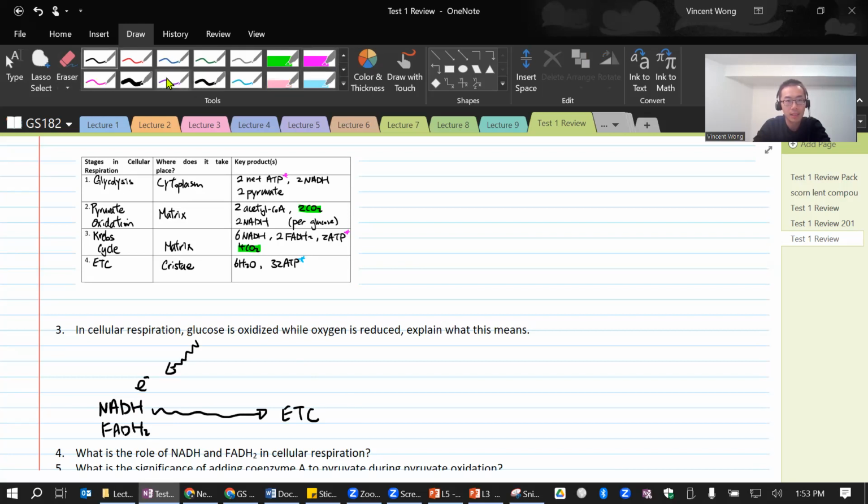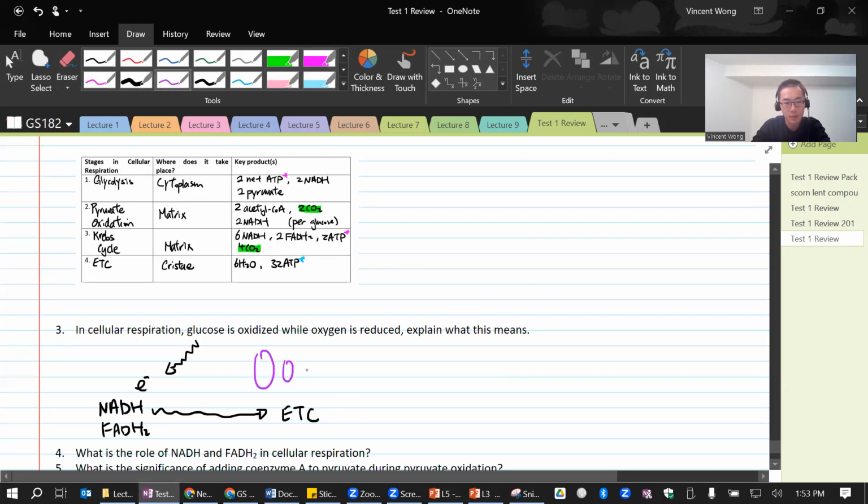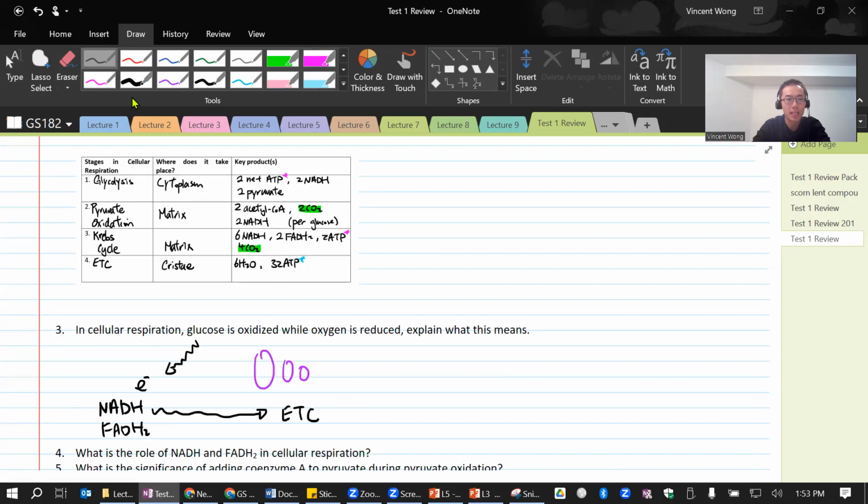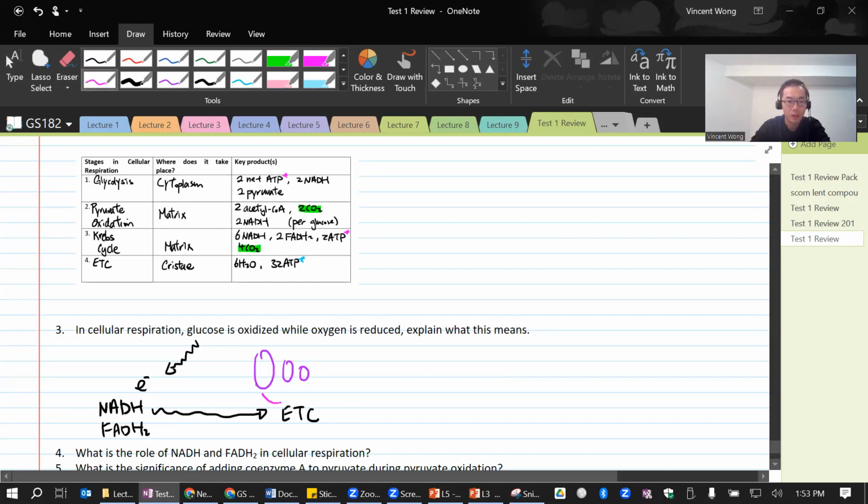The electron transport chain is a series of proteins. The electrons hop off onto the first one, and then get passed down, and then ultimately at the end you have the oxygen. So glucose is oxidized because it's losing electrons. Oxygen is reduced because it's picking up those electrons.